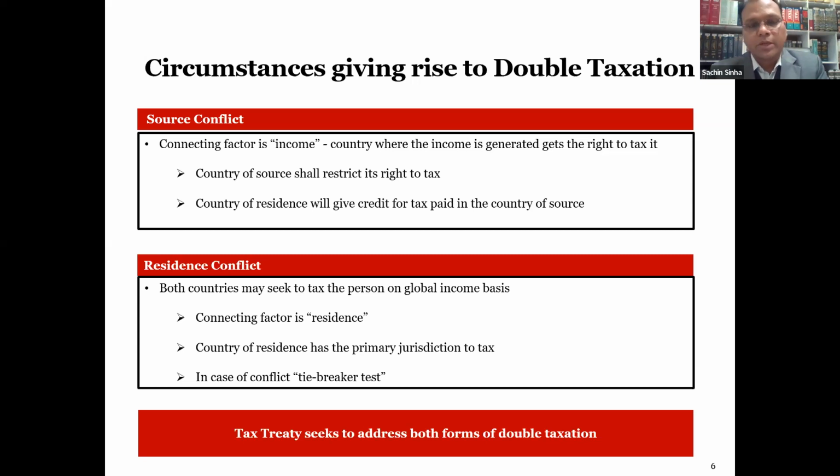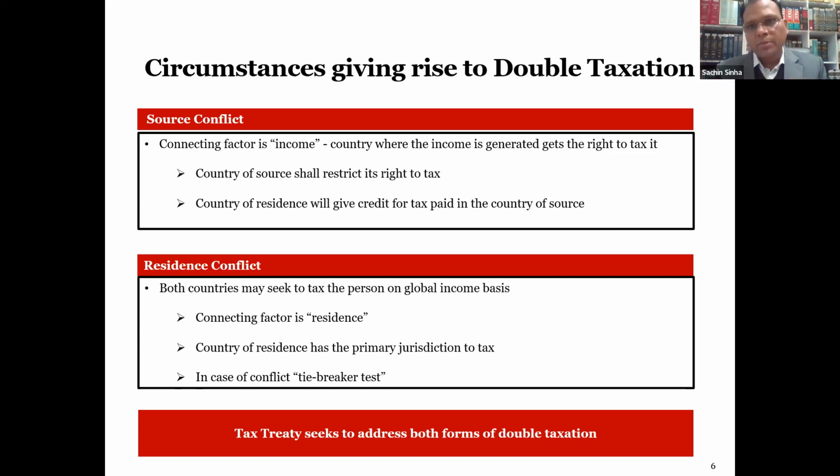Let's refer to non-resident, because we are dealing with international transactions, which have an impact on international taxation. Section 5 subsection 2 has two clauses, A and B. The first is income received or deemed to be received in India by such person or by any other person on behalf of such person. And the second is income accrued or deemed to accrue in India in that year.